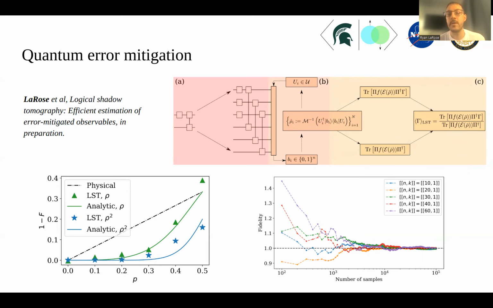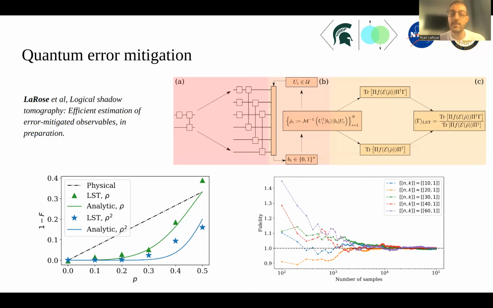But if you do this procedure, then we show that you can compute basically two quantities of interest. And when you take the ratio of these two, you get an output that's closer to the value that you would have without noise than if you didn't use this procedure. So those are the sort of two plots at the bottom.